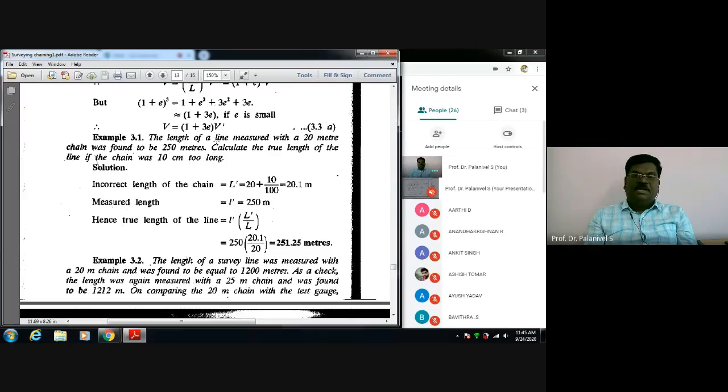But later, when we verify, we found that the chain has expanded due to some reason. Maybe some link might have opened. There might be some other elongation, or a circular link ring might have become oval shaped.